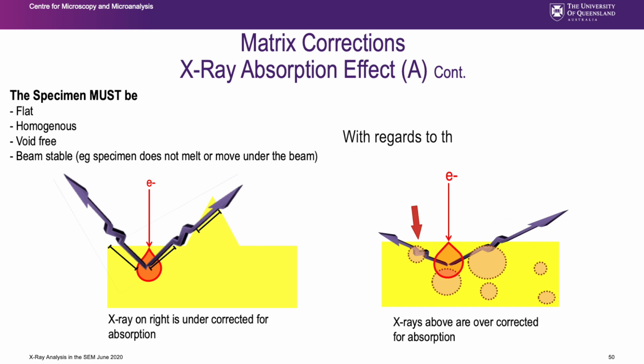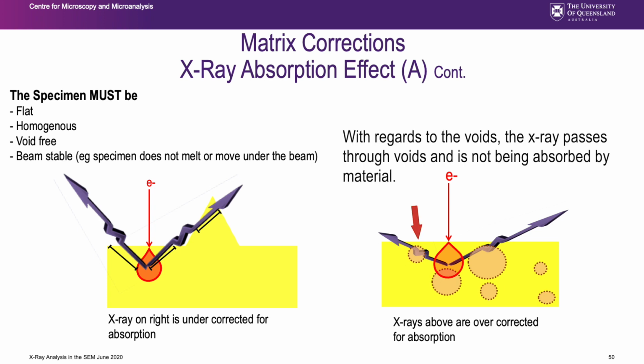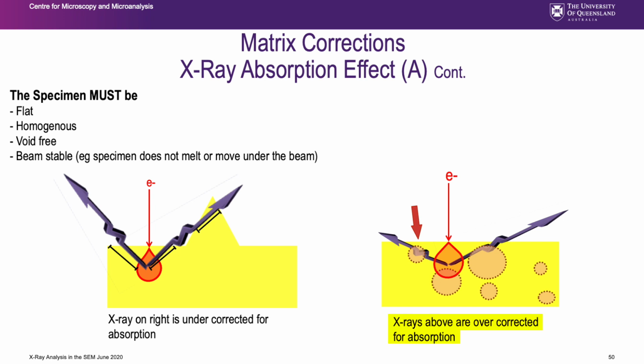With the voids, again, the software doesn't know there's voids in the specimen, so the X-ray is passing through bits where it's not being absorbed and we don't know it. So here, the absorption correction is giving too much correction. Here, it's not correcting enough. So under-corrected for absorption, over-corrected for absorption.